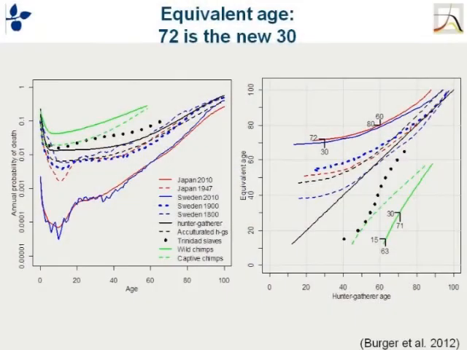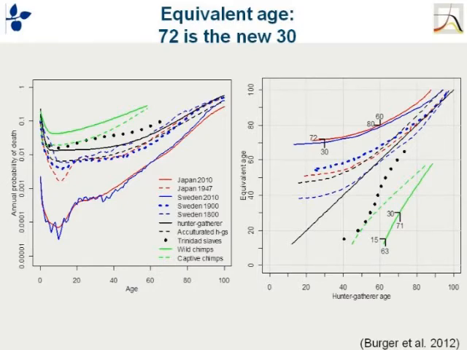And if you look at the other diagram here, we have equivalent ages. Let me go through this slowly because it's a very interesting diagram. The x-axis is hunter-gatherer age, and the vertical axis is the equivalent age of different populations. So using the same idea we had before, two ages are equivalent if there's the same level of mortality.